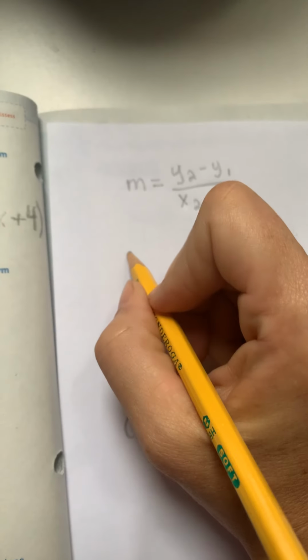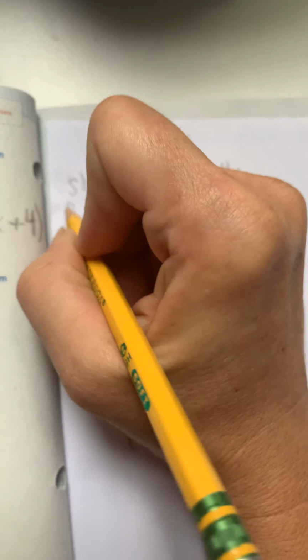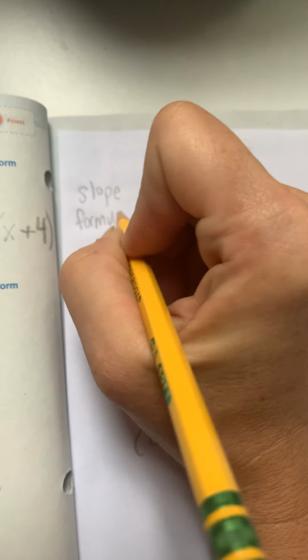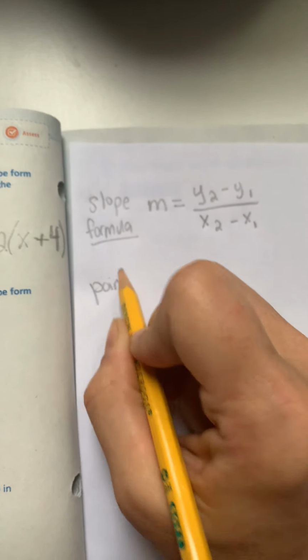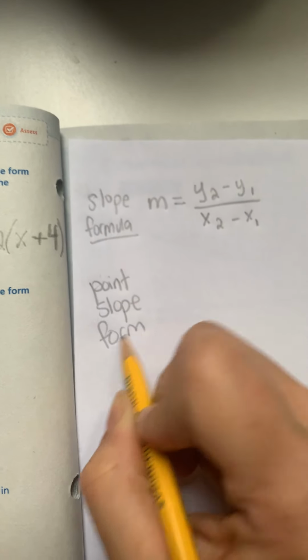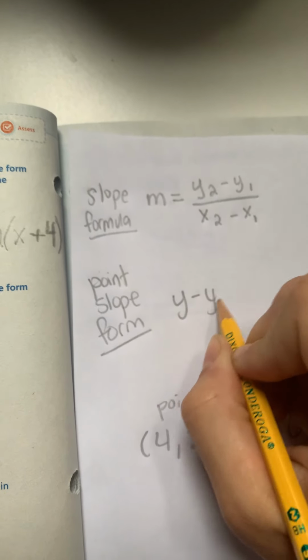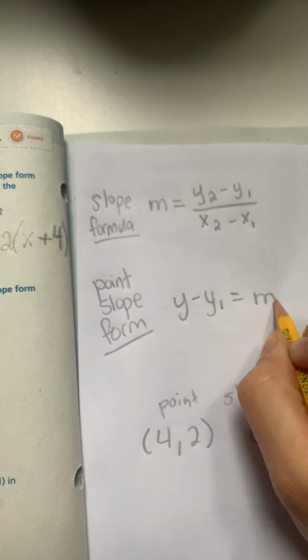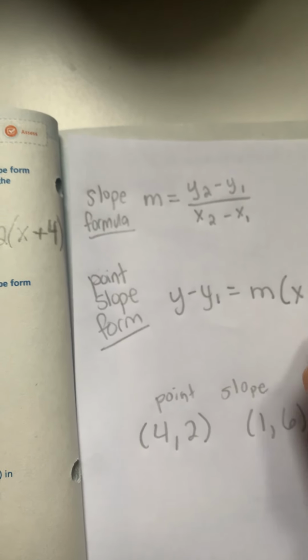And then I need to turn it into point slope form. So I'm going to write that here. Y minus y1 equals m times x minus x1.